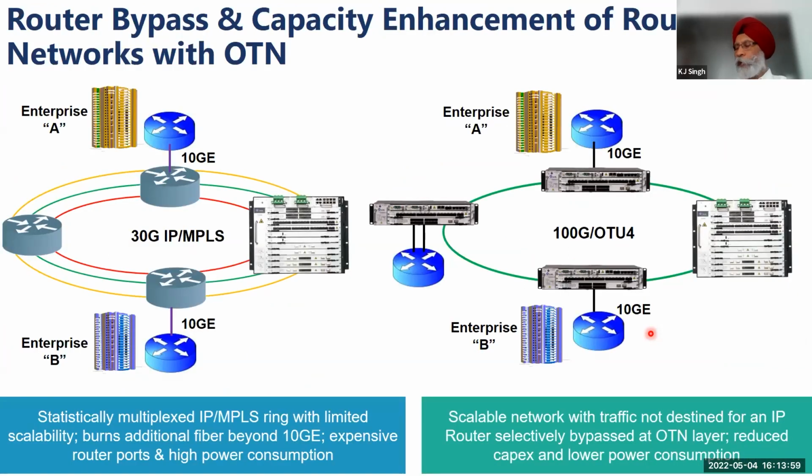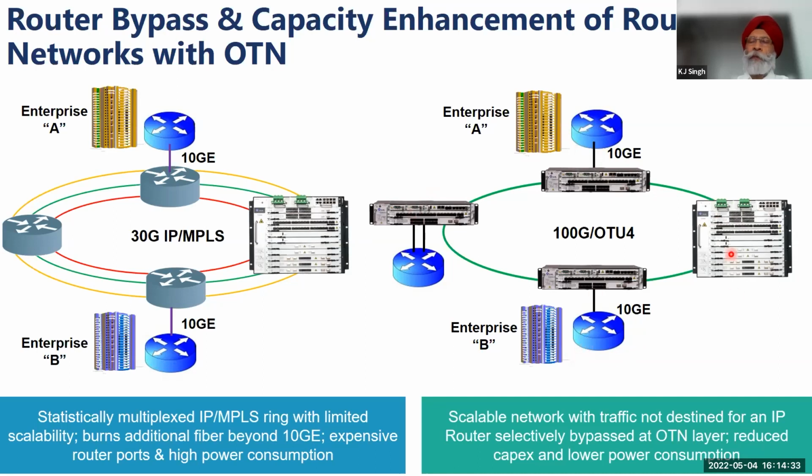One other approach that we see some of the operators use is to build a larger capacity transport network without having to invest a lot of money in expensive router ports. The motivation is, rather than switch every packet that goes from the edge routers to a larger router somewhere in the core, you can just carry the OTN.